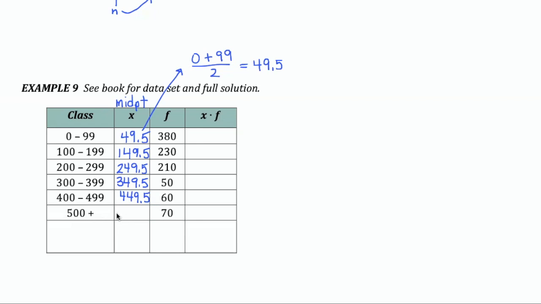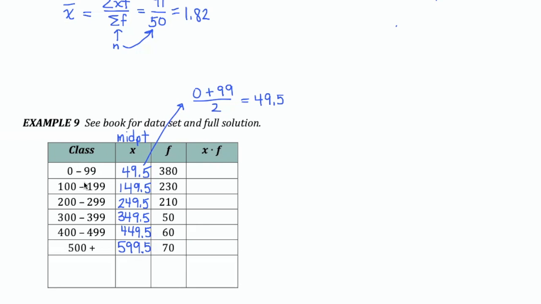So your textbook suggests using 599.5. I guess assuming that people don't go ridiculously crazy and there's a lot of people who are spending $1,000 on travel. But this is an estimate, so that does introduce some error into the process.